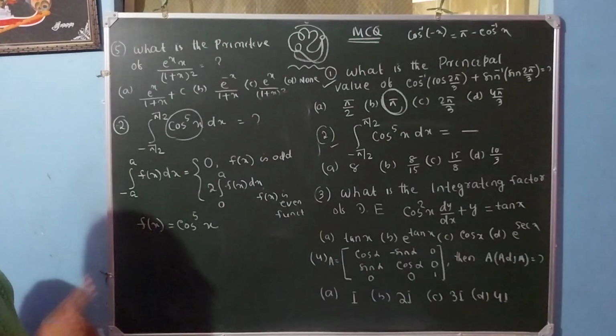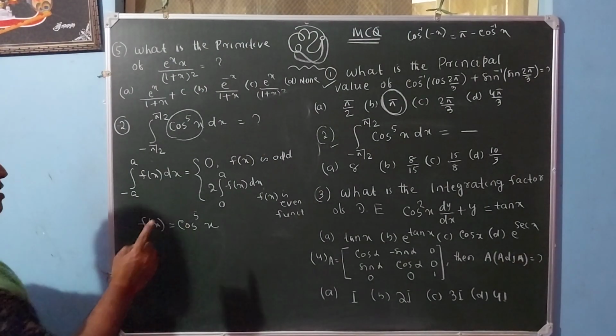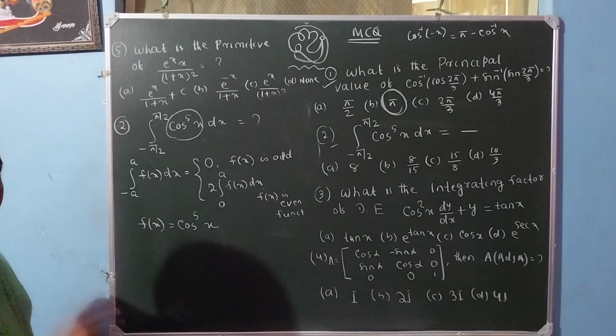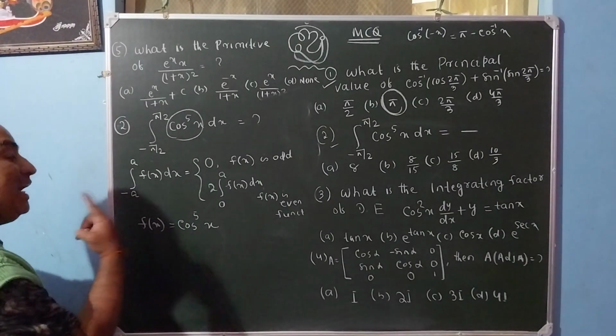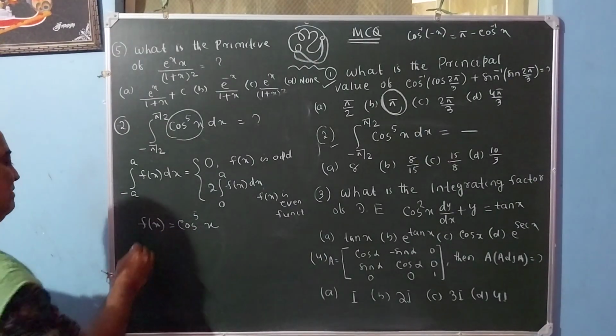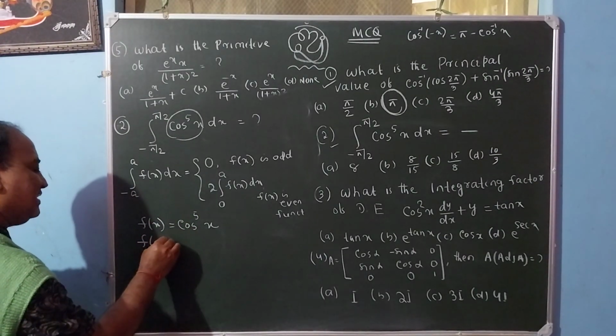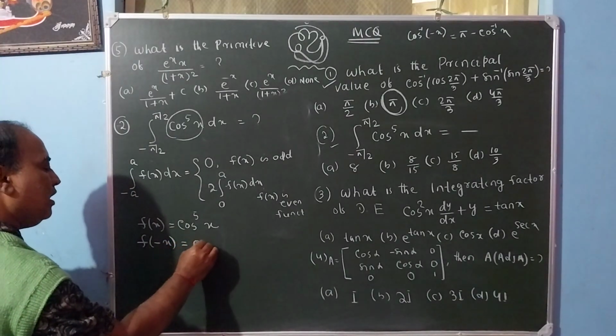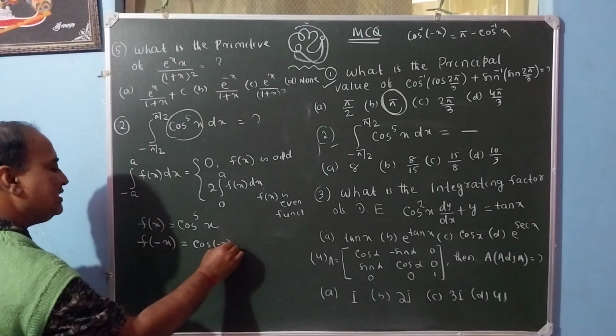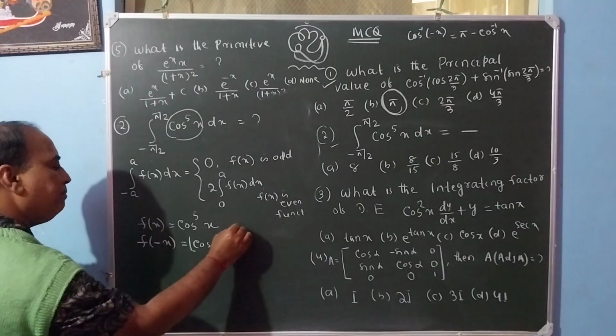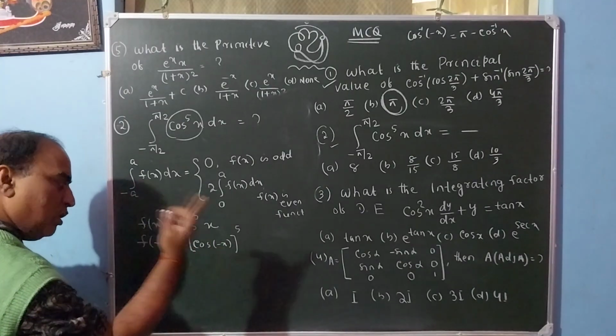How can you check it is an even function? A function f(x) is said to be even if f of minus x is equal to f(x). Checking f of minus x: cos of minus x to the power 5. Cos of minus x is always cos x.